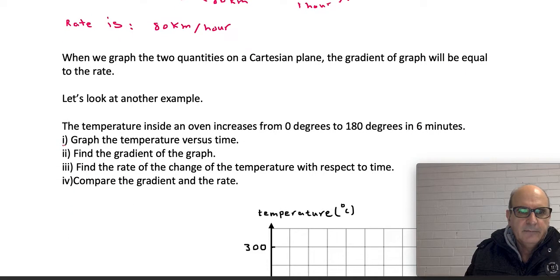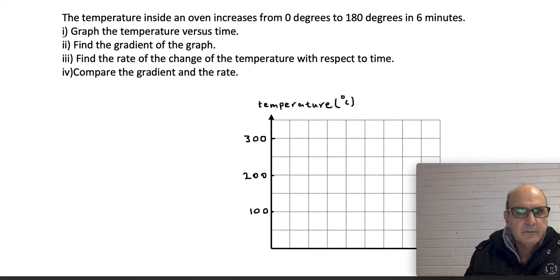All right, now we are going to see what is the link between gradient and rate, how gradient and rate are related. What we are going to find out is that gradient and rate are the same thing. That will be more clear when we do the next example.